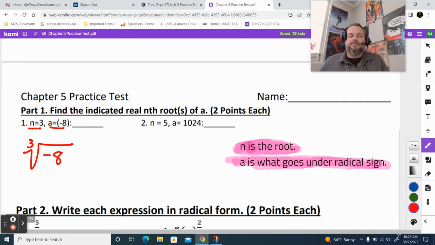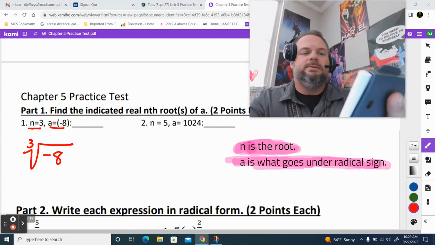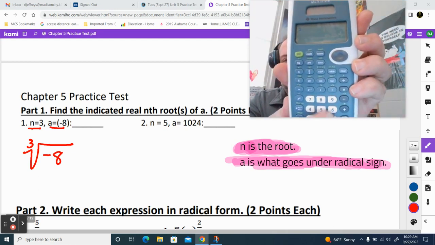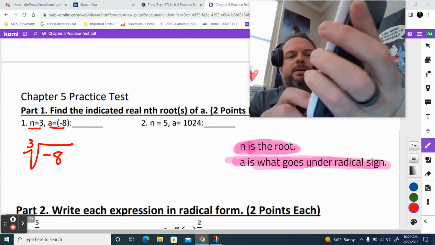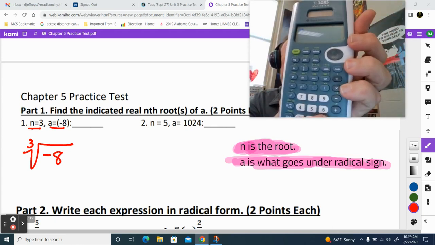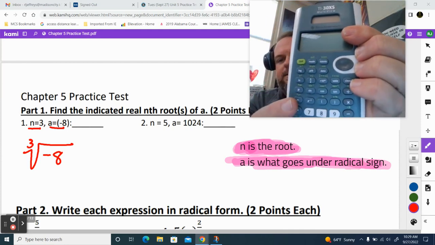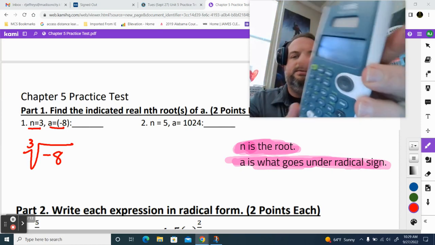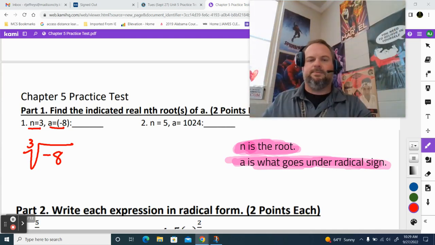So we would say 3, second, raise the roof button, -8. Enter. Get -2.